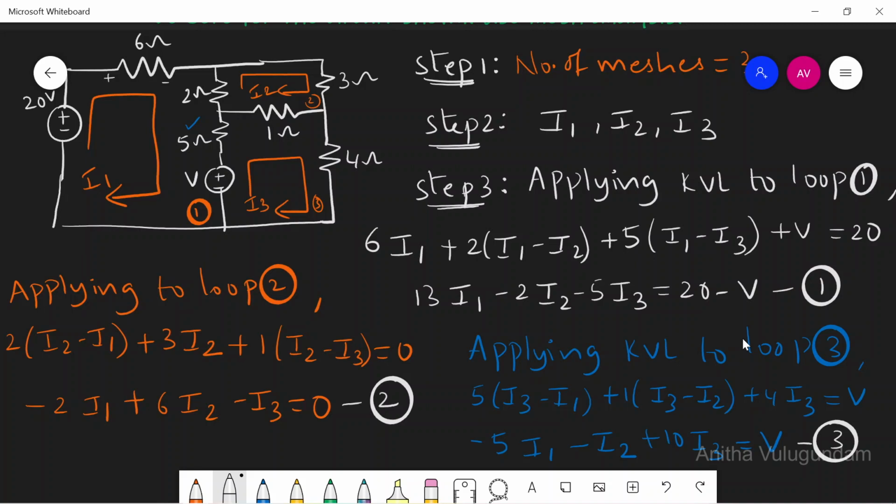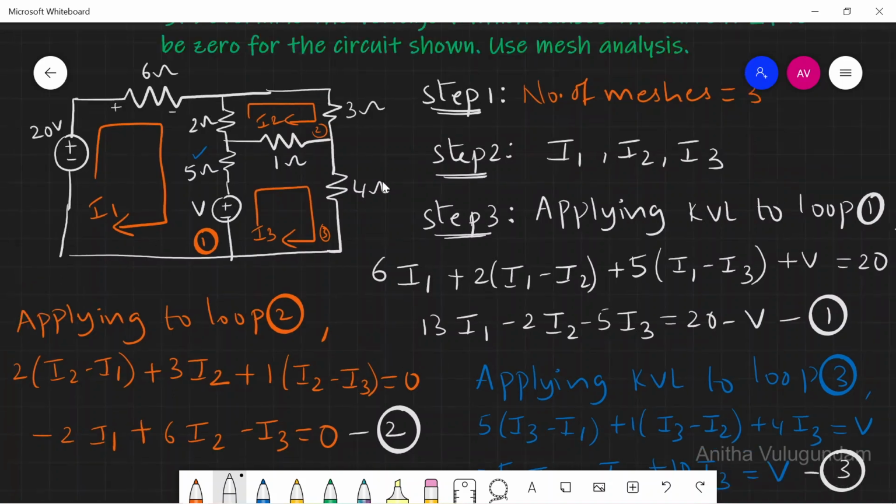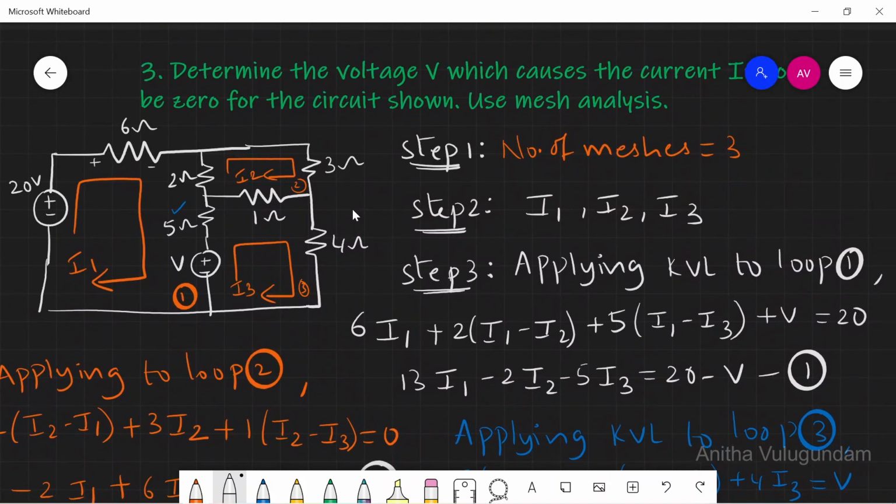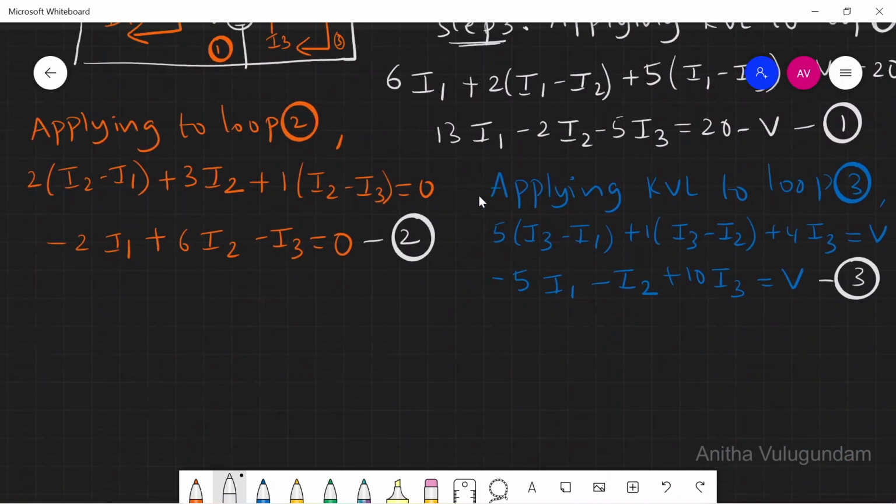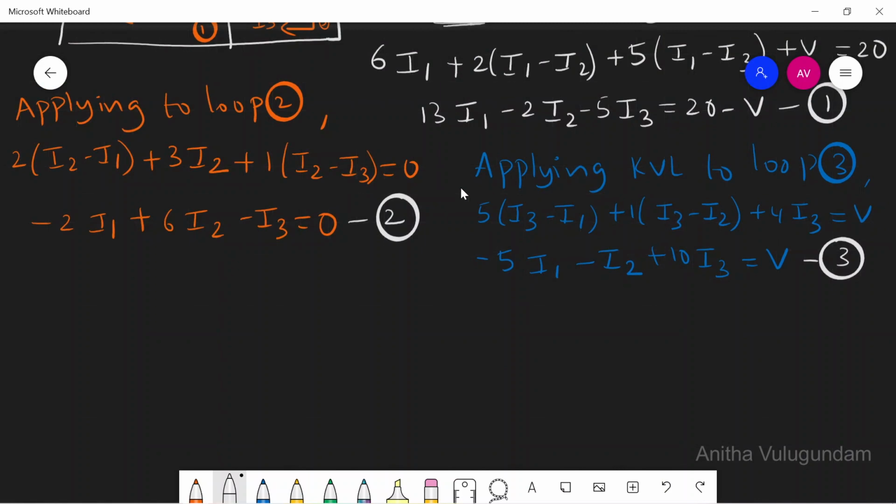Next, we have to solve for I1, I2, I3. In the question, it has been given that I1 is already 0, so we just apply that logic here. Substitute I1 equal to 0 in equations 1, 2 and 3.